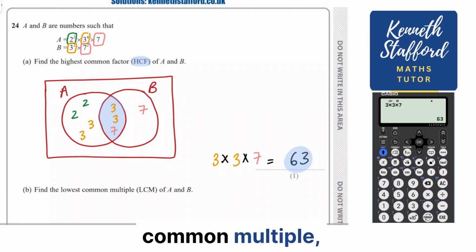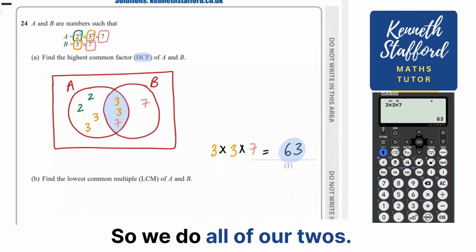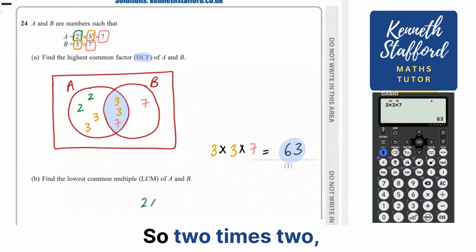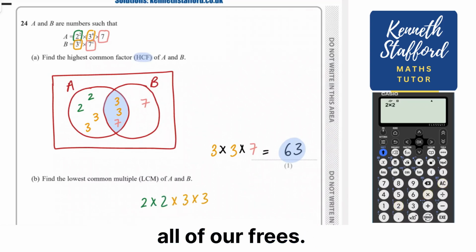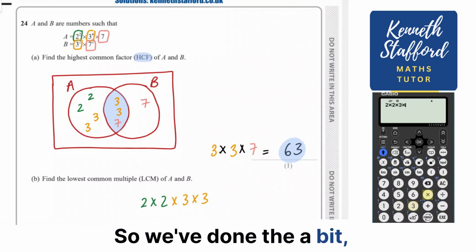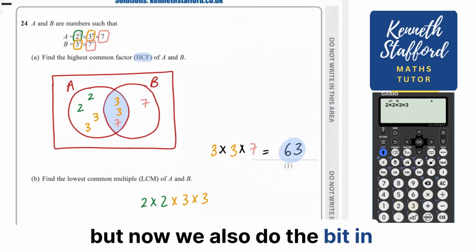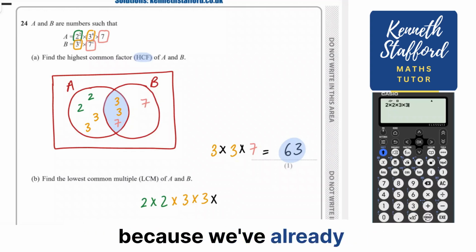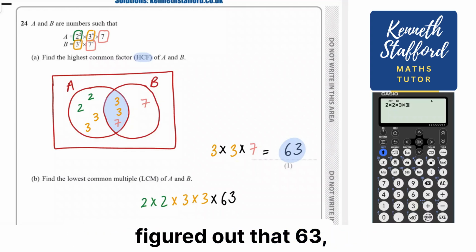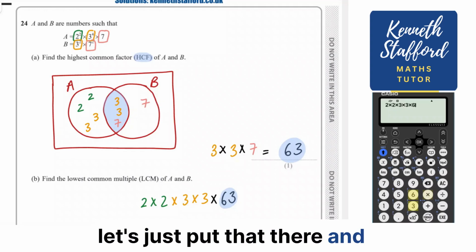So that is the highest common factor of both of these numbers. And then the lowest common multiple, we times the 3 sections together. So we do all of our 2's, so 2 times 2, all of our 3's. There's 2 in A, so we've done the A bit, but now we also do the bit in the middle. So what we could do, because we've already figured out that's 63, the middle section, let's just put that there.